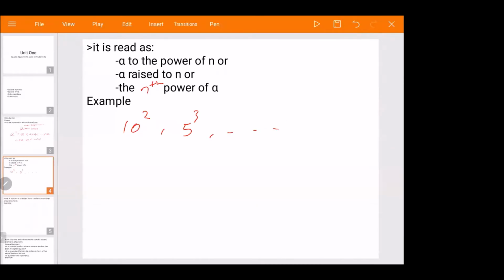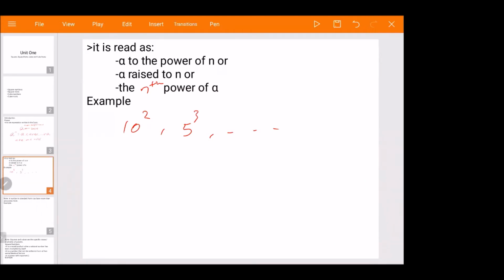When we read this power expression, we can say 10 to the power of 2, or 10 raised to 2. And we can say this one, 5 to the power of 3 or 5 raised to 3.